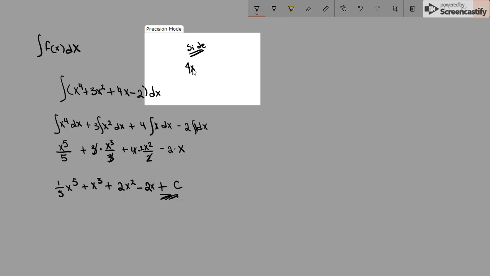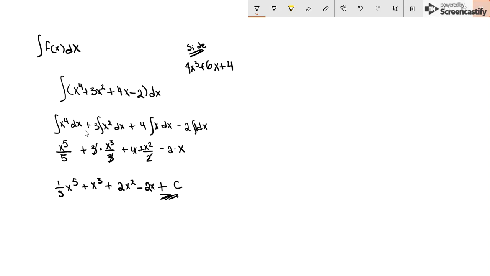It'd be 4x cubed plus 6x plus 4, right? So what happened to this 2? As a constant, it disappears when you take the derivative. So that assumption always stays when you take the antiderivative. You always assume that there is a constant. It could be 0, 1, a million, a trillion, negative a quadrillion. It doesn't matter. Always have that plus c.